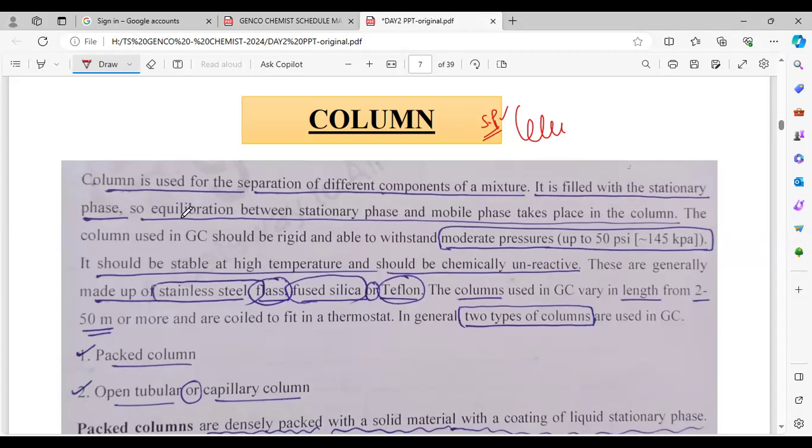Yes, definitely equilibrium is established. Suppose this is your stationary phase and this is the mobile phase, sorption and desorption always take place, and in GC they are always at equilibrium level. Sorption and desorption take place at the same rate, forward and backward directions are the same. And this column is kept at a moderate pressure, nearly 50 psi.